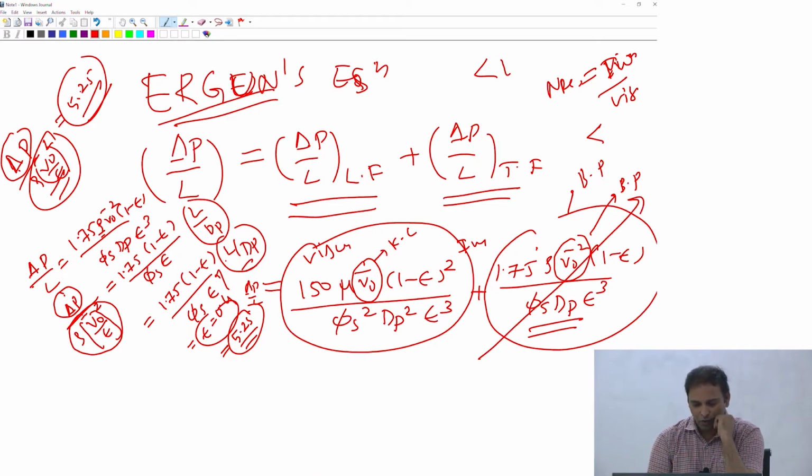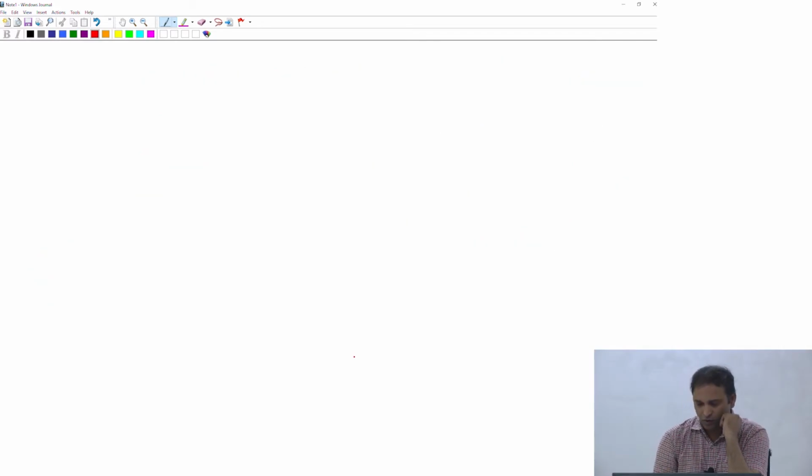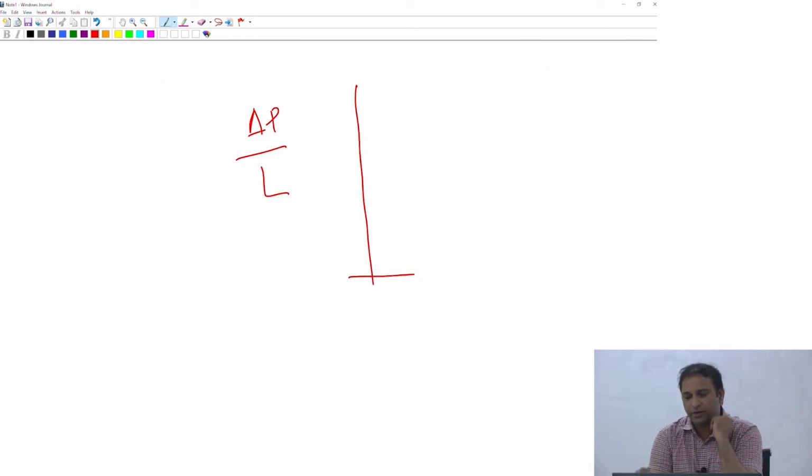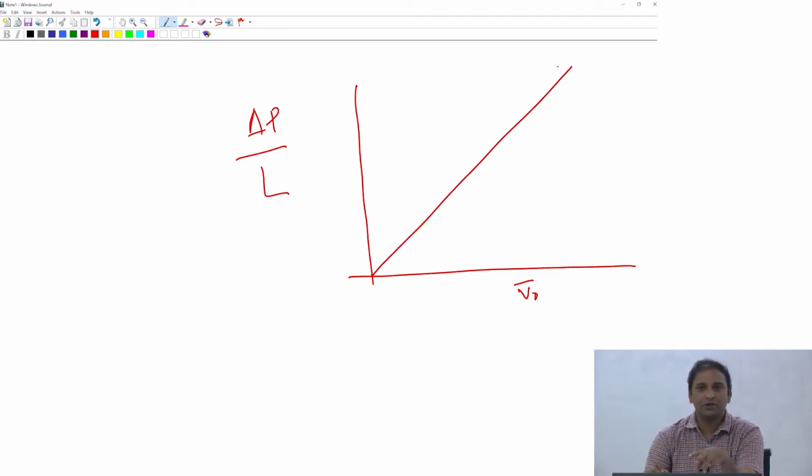Therefore, if you were to do an experiment where I measure the pressure drop per unit length across the packed bed as a function of the superficial velocity, and plot delta P by L, what I should get is a straight line passing through the origin.